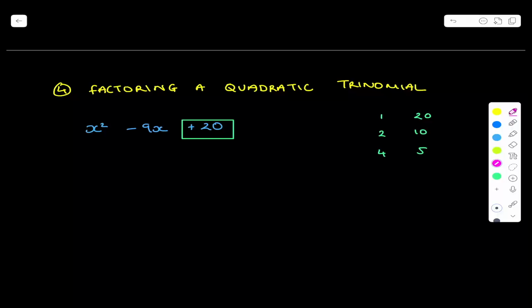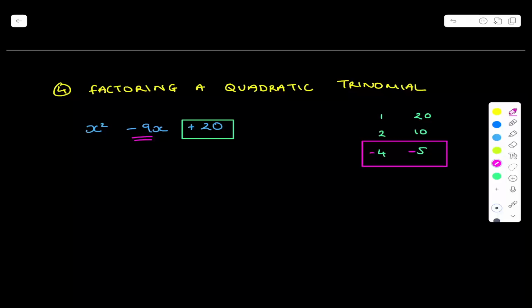Once you've got all the factors of 20, you look at this middle value, and we want to pick the two factors that can add to give us that. The only two factors that would give you that are 4 and 5, and then we look at the signs. They need to add together to give you -9, so they would both be negative, because -4 plus -5 is -9, and when you multiply two negatives, you get positive 20. -4 multiplied by -5 gives us positive 20.